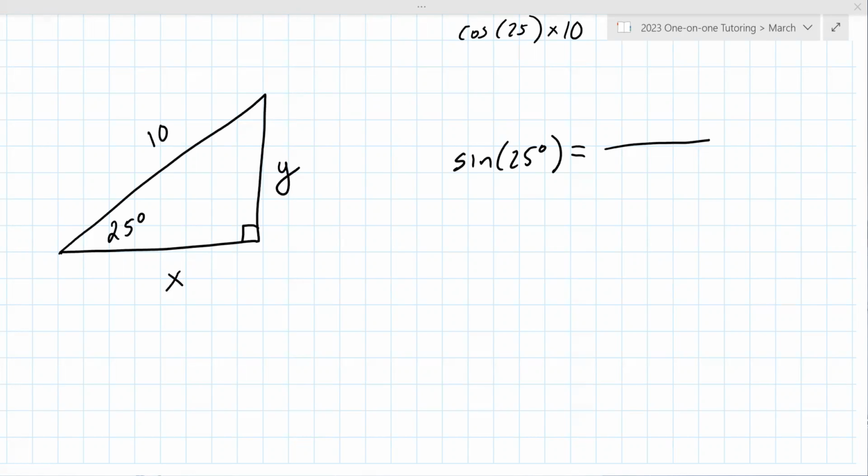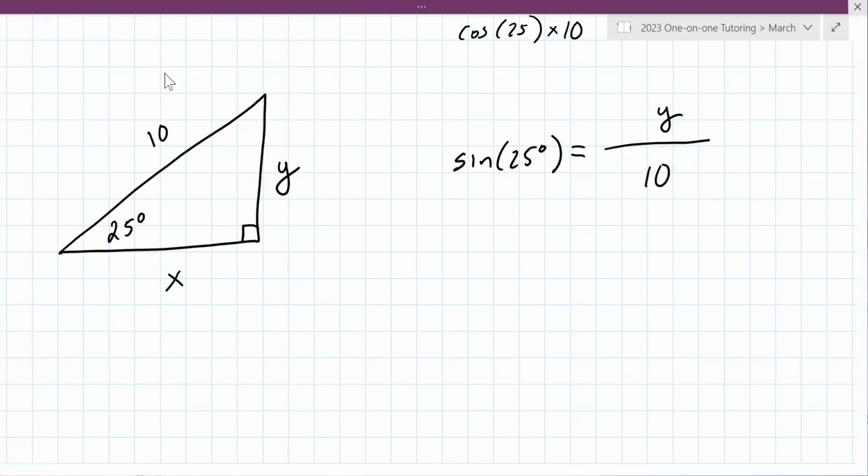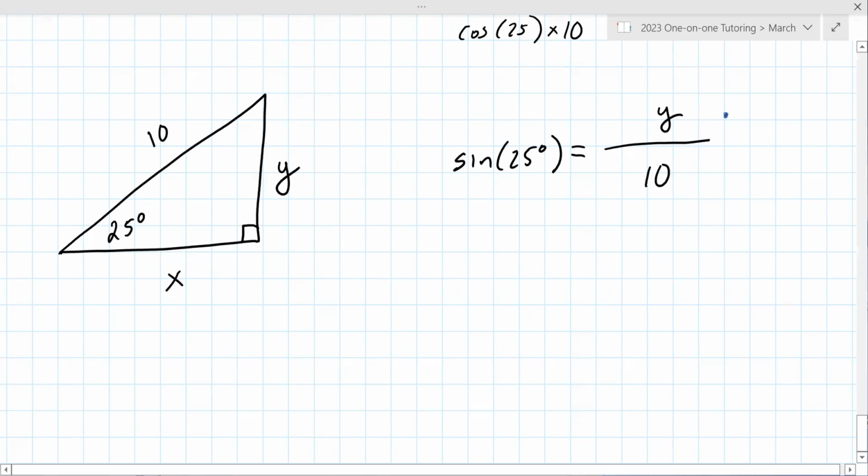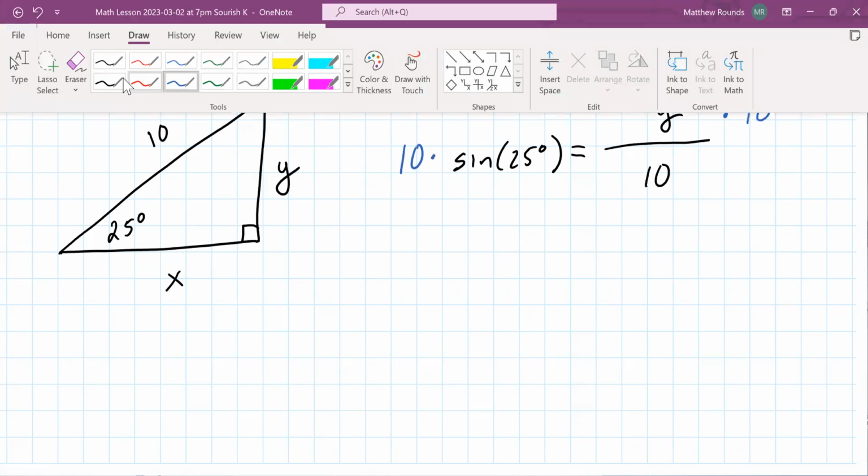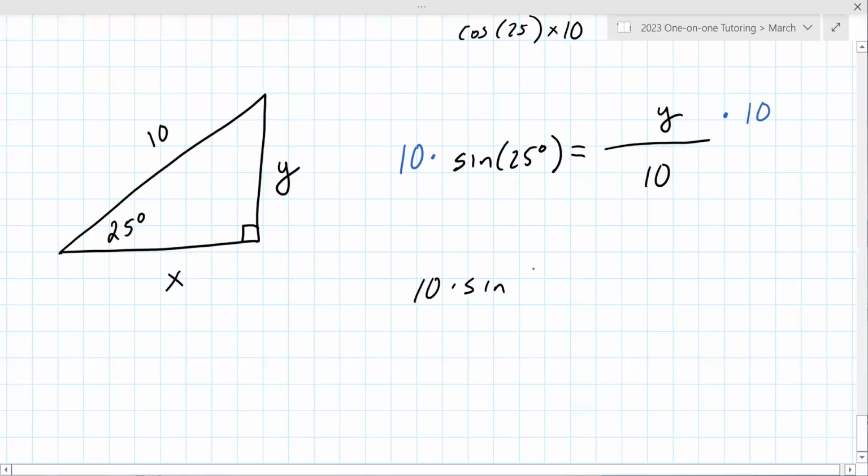The opposite is y, so y over 10. Good. How do we undo division by 10? Multiply by 10. Okay, very good. So this becomes 10 times the sine of 25 equals y.